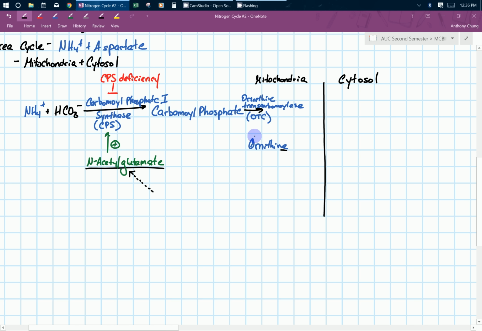So ornithine comes in, combines with your carbamoyl phosphate, and then you get this molecule called citrulline. And this citrulline then gets transported out to the cytosol.